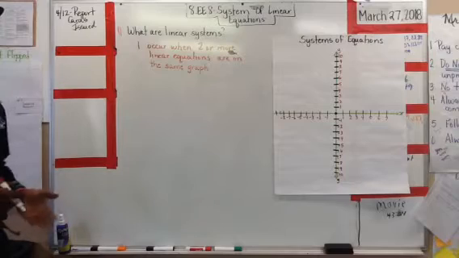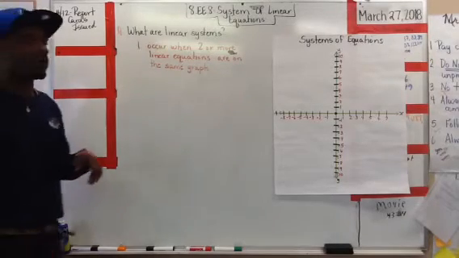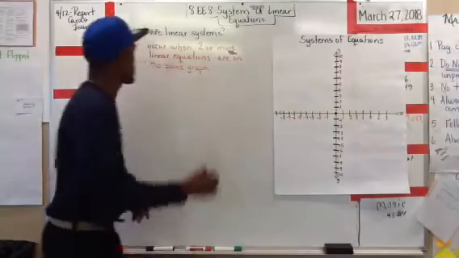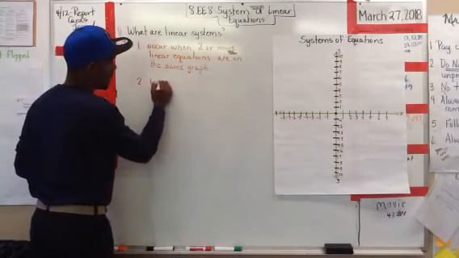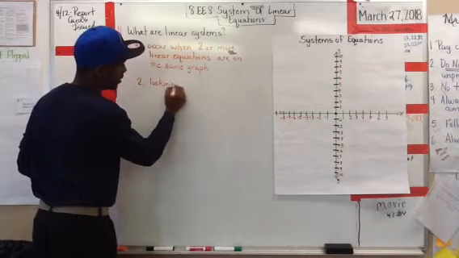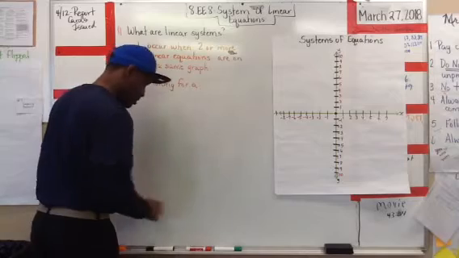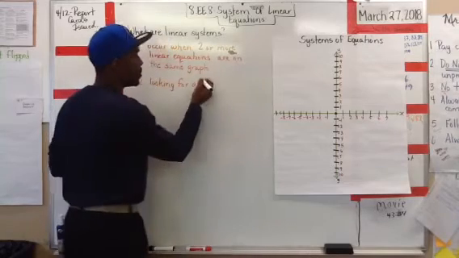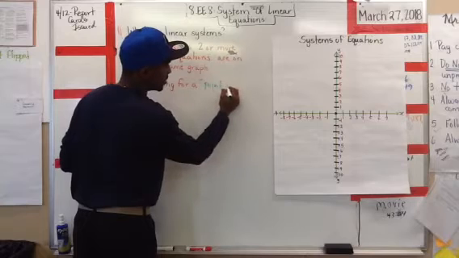What are we looking for when we graph two linear functions or equations on the same graph to create systems? You are looking for a point of intersection.